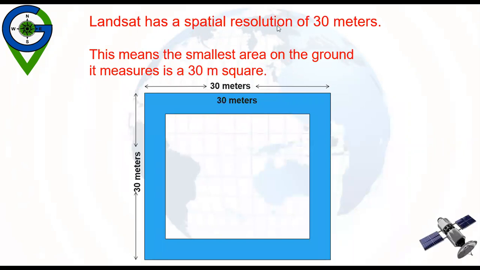Landsat has a spatial resolution of 30 meters, meaning 1 pixel is of the size of 30 meters by 30 meters. This means the smallest area on the ground that is measured is 30 by 30 meters. The information which is smaller than this cannot be detected using Landsat data.